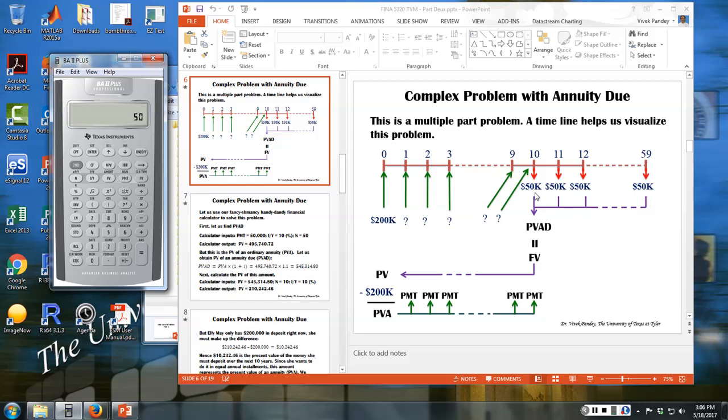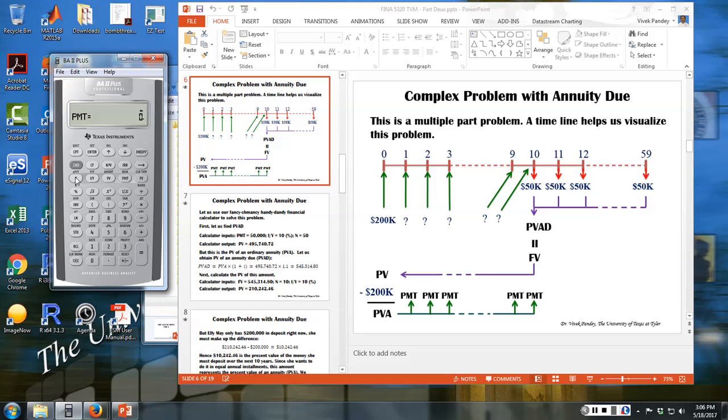Let's just leave everything in thousands. 50 is the payment on a 50-year annuity, so 50 is N, the interest rate is 10%, so 10 is I/Y, and we compute payment.